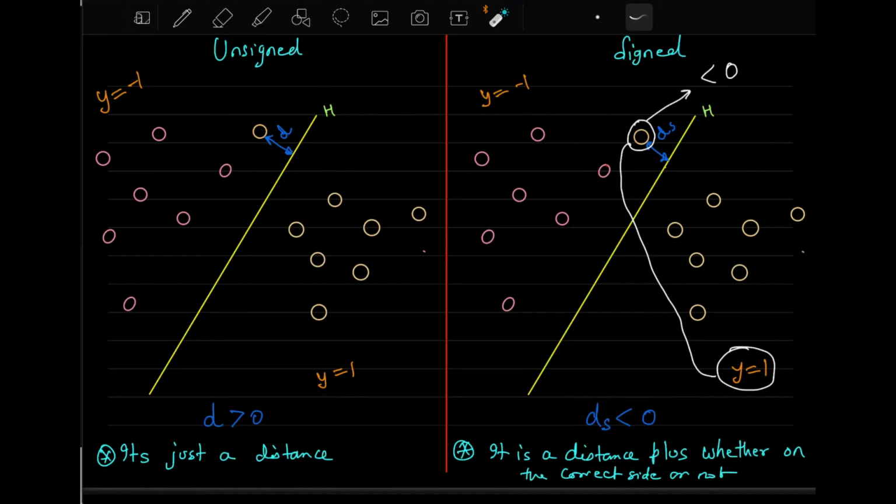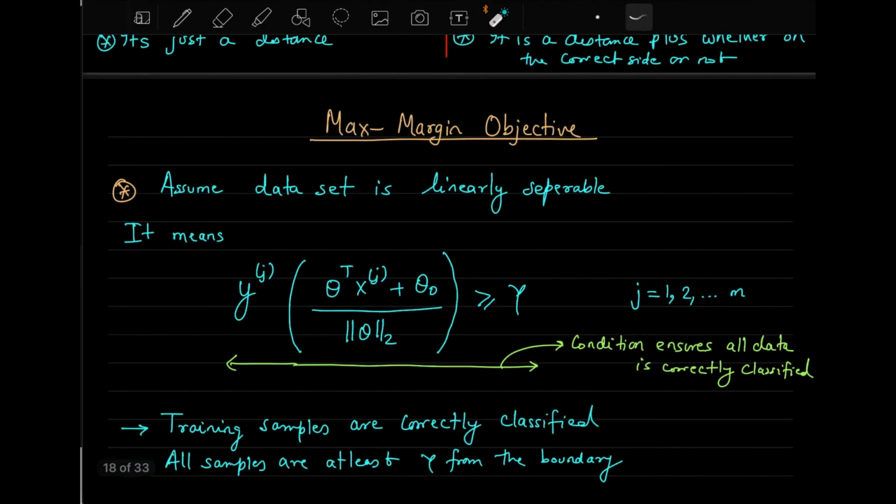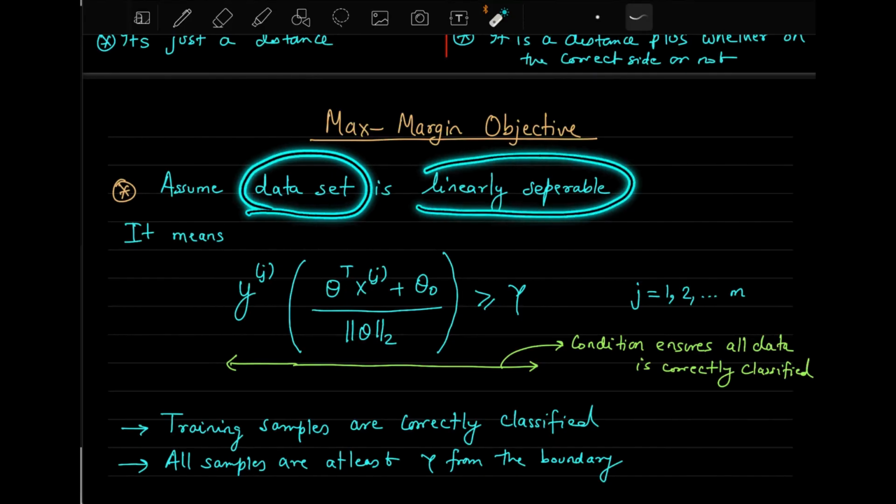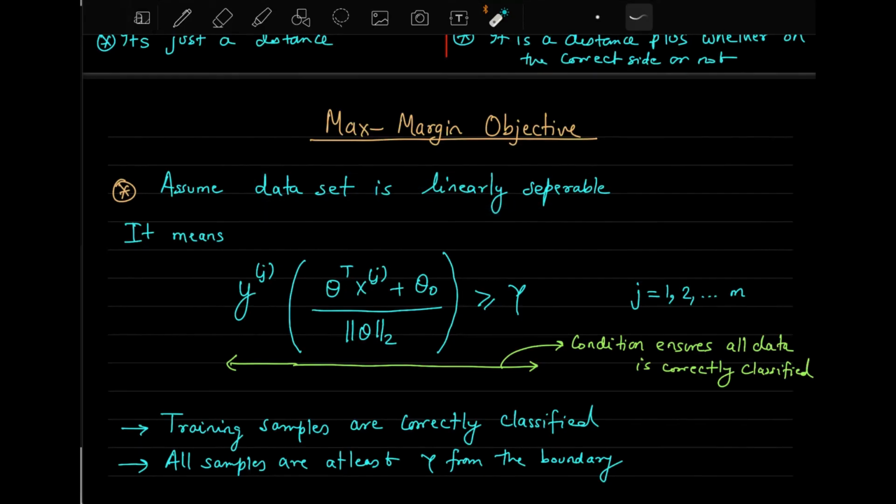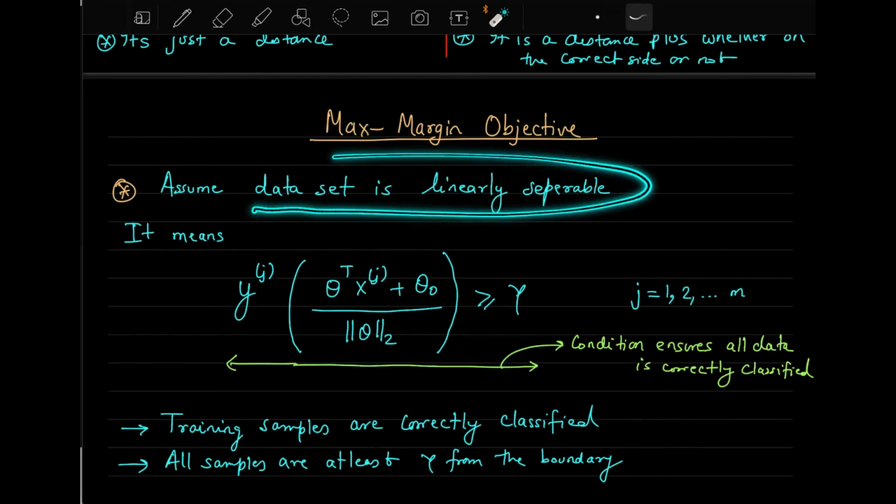I hope you understand this concept: if the data sets can be separated by a single straight line, then we are saying it's a linearly separable situation. We are not dealing with non-linear boundaries here. So this is our first assumption.